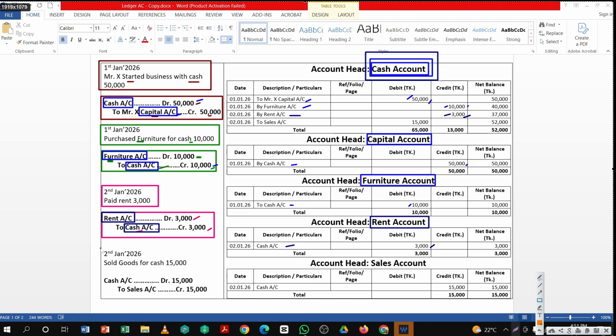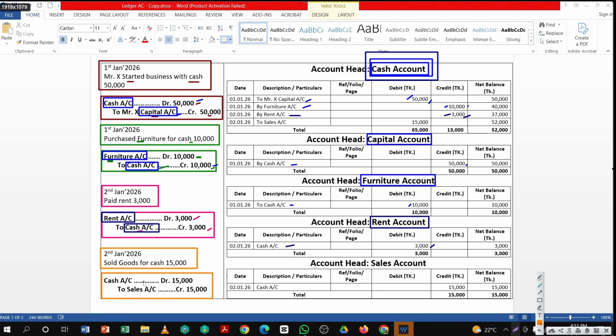Last transaction is 2nd January 2026, sold goods for cash taka 50,000. Journal entry will be cash account debit taka 15,000 to sales account credit taka 15,000.